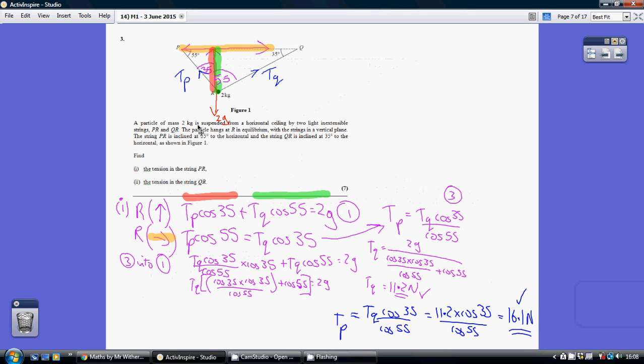We will resolve vertically first of all, then we'll resolve horizontally, and that will basically create a simultaneous equation which we can solve. So resolving vertically, I've chosen to do TP cos 35 to represent this red force, this component. Equally I could have done TP sin 55, but basically this length here.